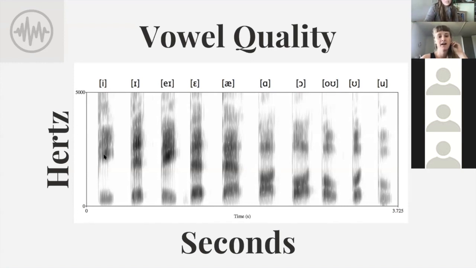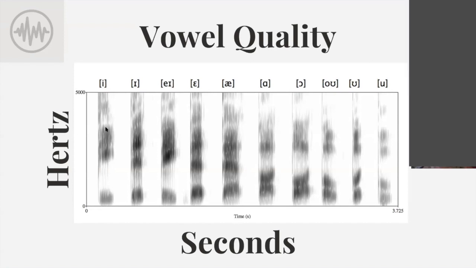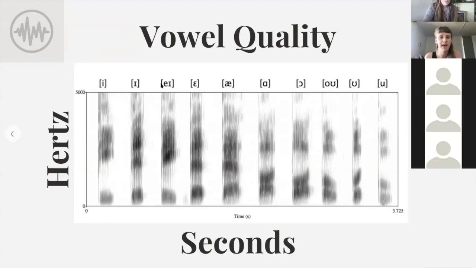Yeah. I can say it right now. As you open your mouth, the first formant goes down in frequency. So as you open your jaw, F1, the first formant, is going down.